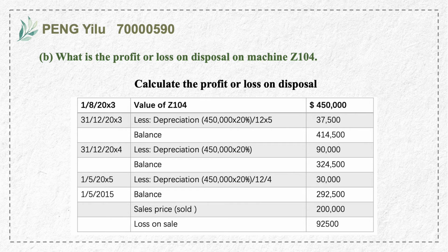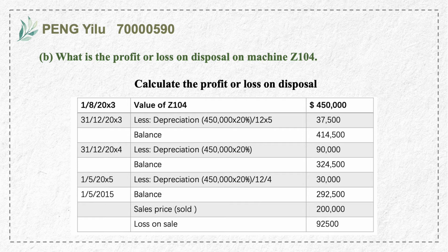It costs 37,500. Then we balanced at 440,500. Then we go on to minus the depreciation on 31st December 2000 X4. It cost 90,000. Then we balanced at 322,500.